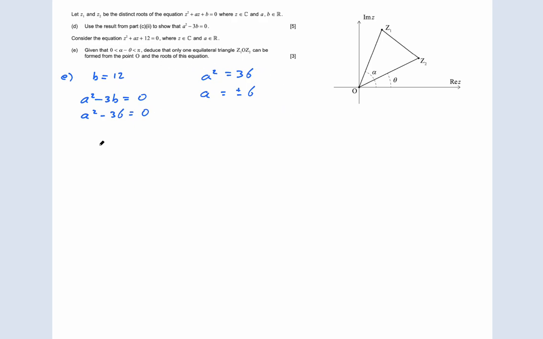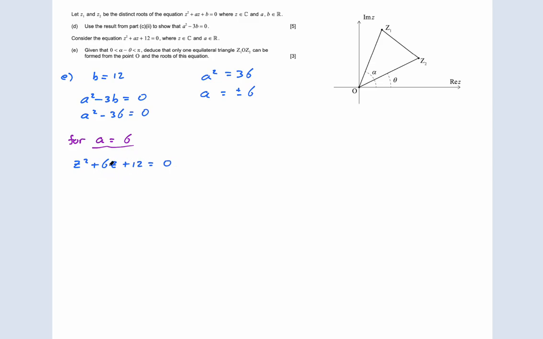So we have 2 equations. For A, I have to consider both: A is equal to 6, and I'll do A is equal to negative 6 after. For A is equal to 6, I have z squared plus 6z plus 12 equals 0. I need to find the roots of this equation.